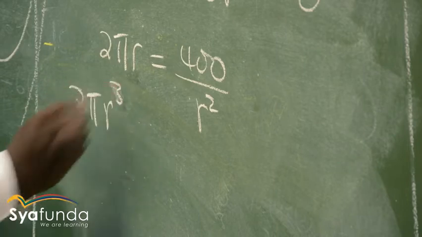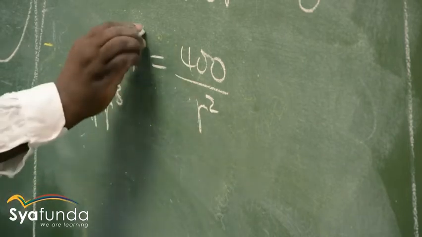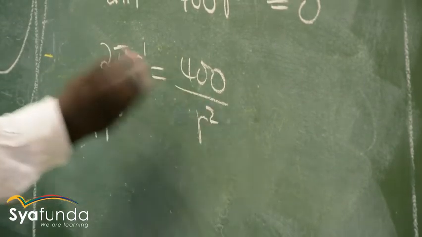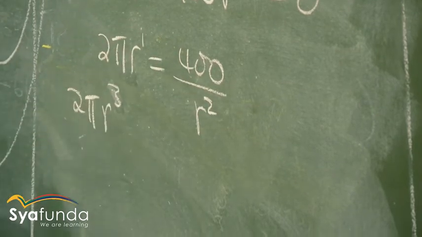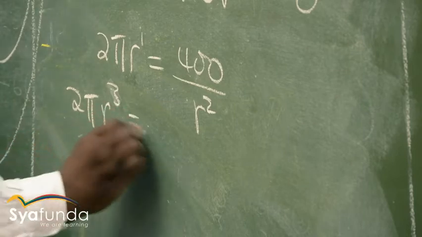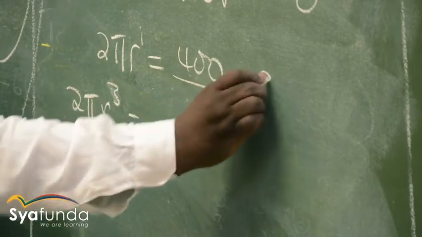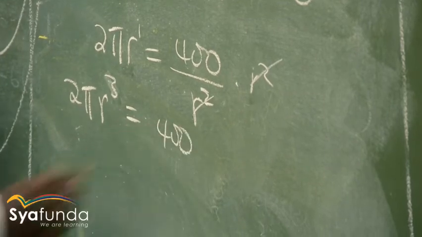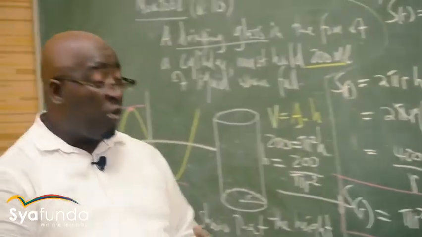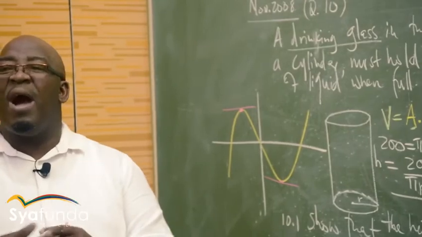Remember, when you multiply powers with the same base, you add the exponents, 2 plus 1, which gives us 3. On this other side, we multiplied by r squared, so this one will go with this one. Hence, we'll be left with 400. Remember, we're not looking for 2 pi r cubed. We're just looking for r.